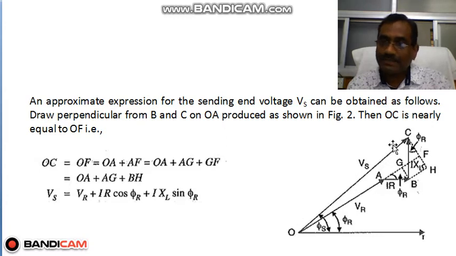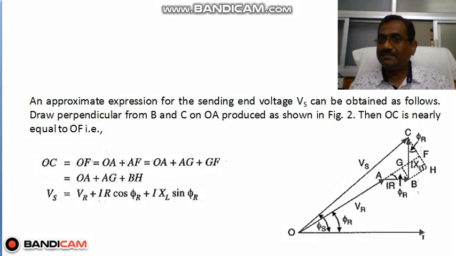OC is Vs. Okay, as this curvature is very small, I can take OC equal to OF. Okay, this OF can be written as OA plus AF, or OA plus AG plus GF, right?